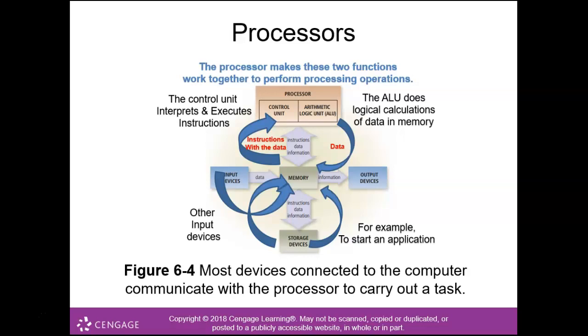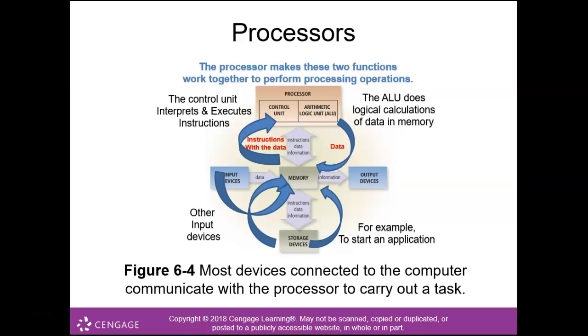So notice on this slide, you have stuff in storage at the very bottom, and the computer is pulling it out and putting it in memory. Maybe an application on the right side is being pulled out of storage, your hard drive. You will have other input devices, which are also going to take data or other input and put it into memory. So you've got this data and these instructions in memory.